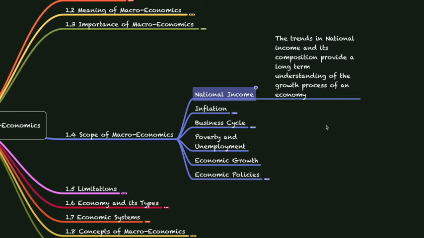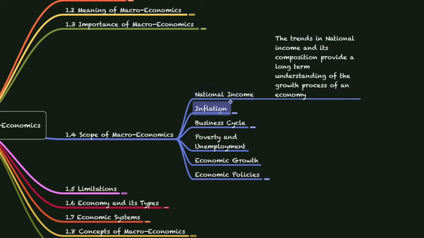In simple terms, national income is the total value of output produced by the country in a single year. That is, it gives the value of the entire manufacturing capacity or entire buying capacity of the people, so that we can understand what is the actual level of economy in the people in a country.